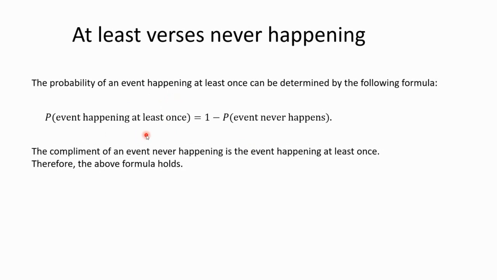Well, the complement of an event happening at least once is that the event never happens. They're complements. If the event does not happen at least once, that's the same as saying it never happens. So using that, we have this formula. This is actually useful because sometimes the probability of an event happening at least once can be tricky to get. But if we can get the probability that the event never happens, then we're good because we have this formula.